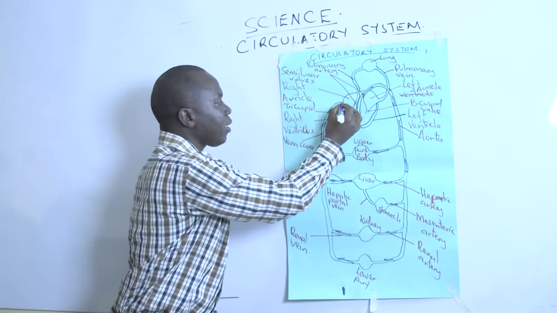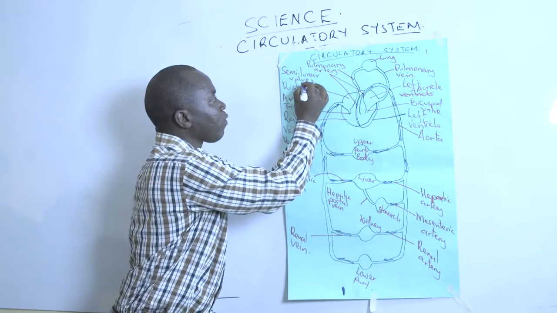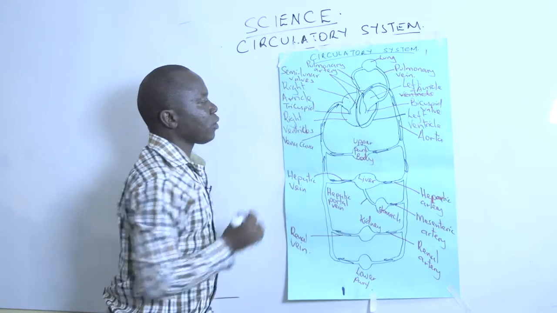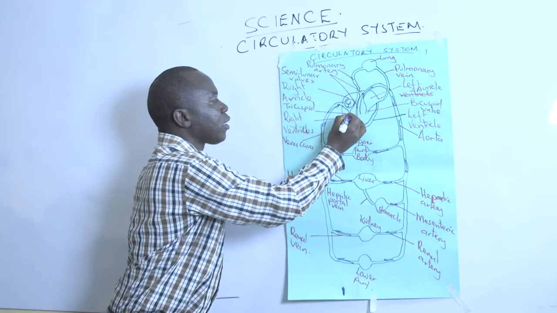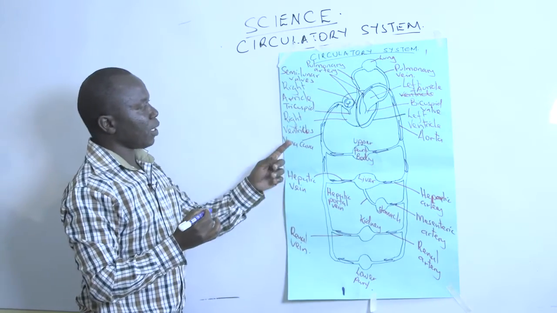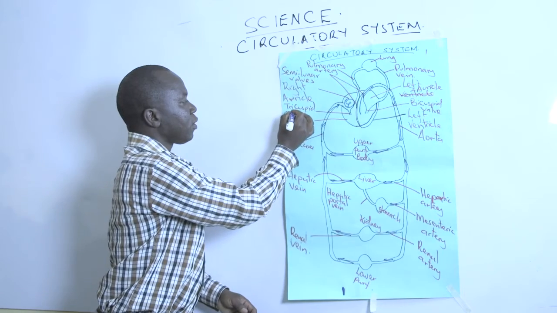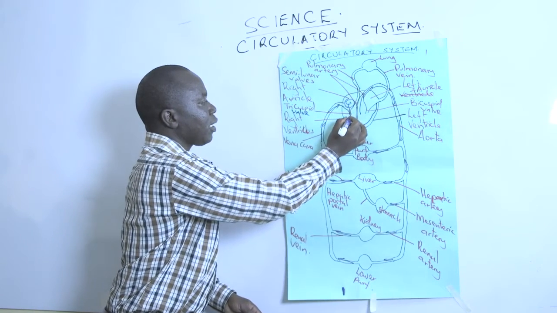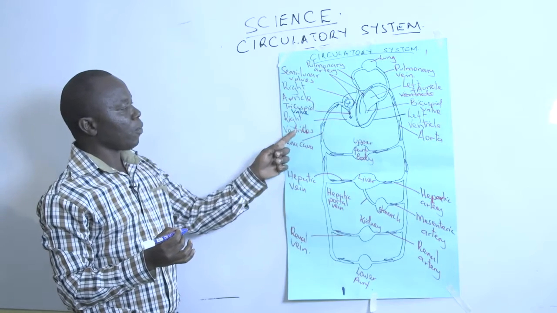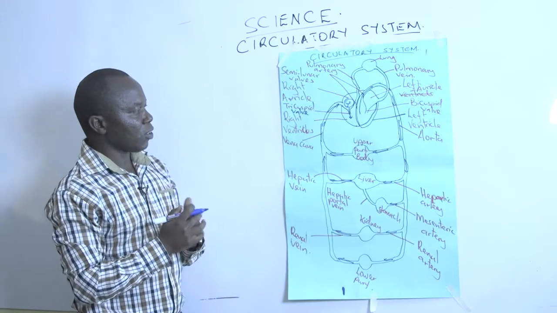In the vena cava, that blood will flow into the right auricle. When the right auricle is full, this valve, the tricuspid valve, opens and lets the blood flow into the right ventricle.